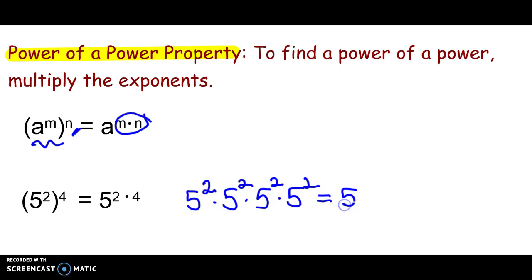So I have the same base of 5, and then I have 2 plus 2 plus 2 plus 2 is 8. I can simplify that by saying, I know that I have 5 squared, and I'm multiplying it 4 times. So 5 squared times 4 is 5 to the 8th.